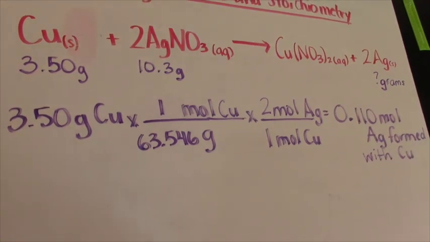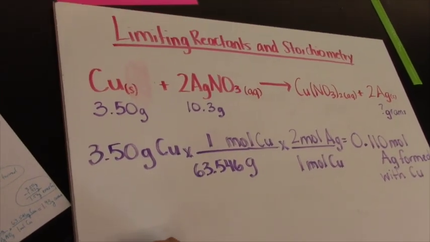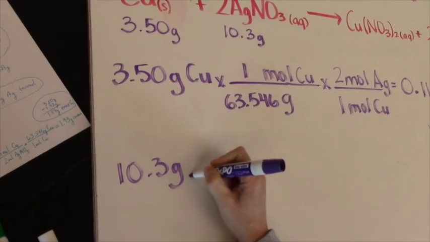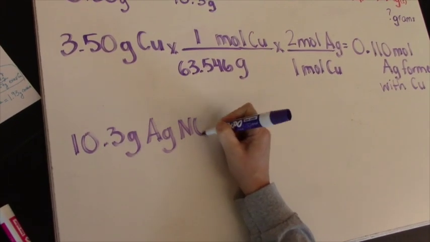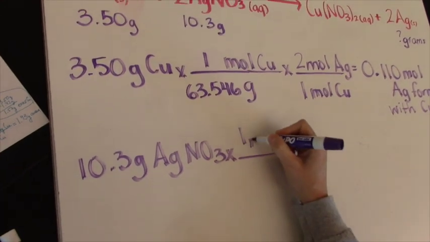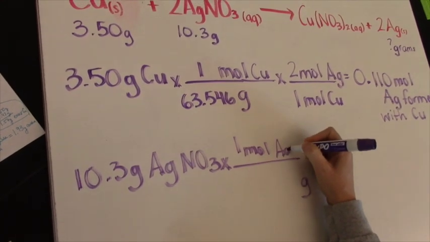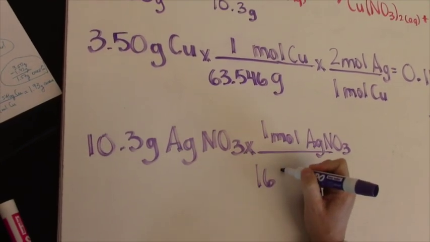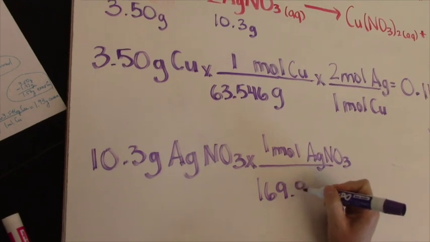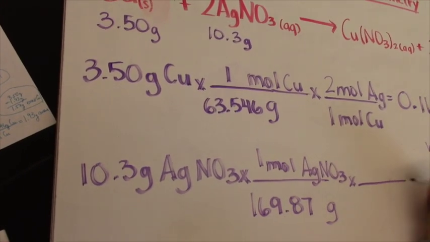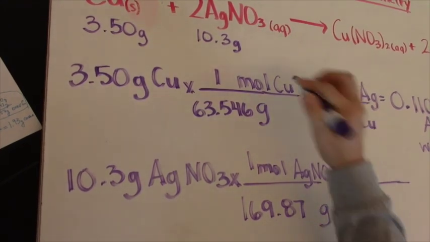Now, will we form that much? We don't really know. It depends upon our other reactant. So we're going to go ahead and take a look at the silver nitrate given to us, 10.3 grams. And we're going to convert that over into the exact same product, which is moles of silver. So our molar mass of silver nitrate is 169.87 grams. And now I'm going to turn silver nitrate into moles of silver.